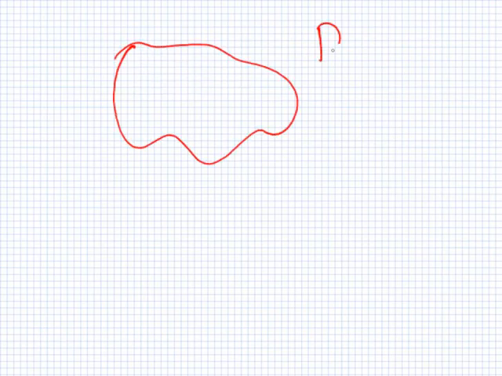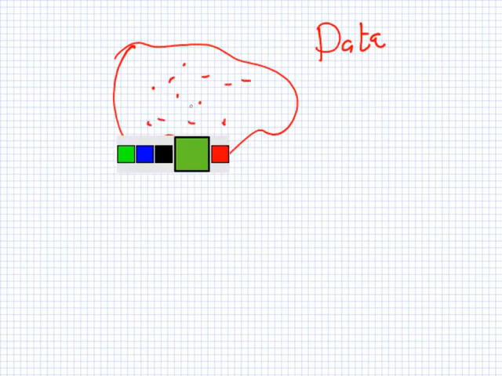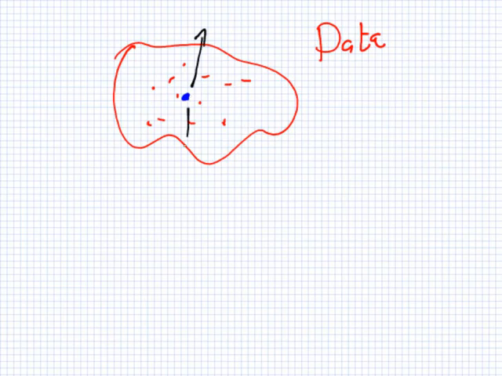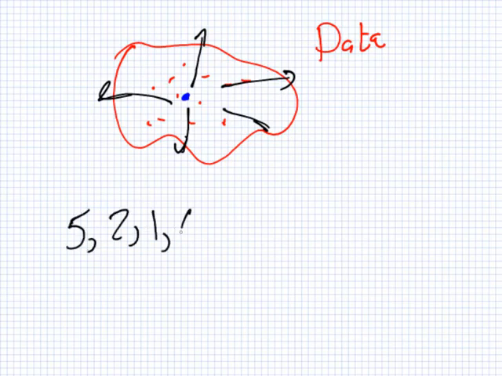So imagine we have our data, and we have different points in it. We imagine that the average is some point in the middle. We'd like to know how spread out our data is. So for example, say we have numbers like 5, 2, 1, 6, 6, 8, 10.